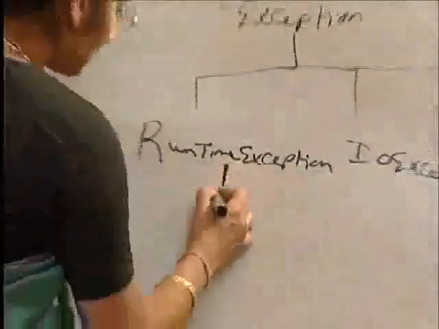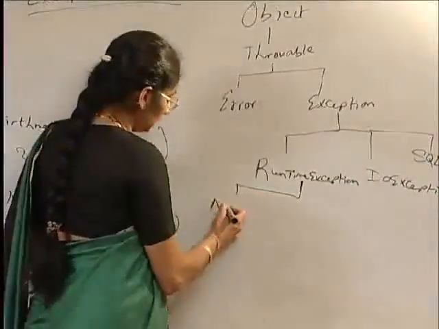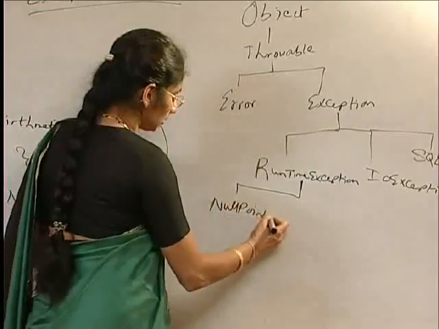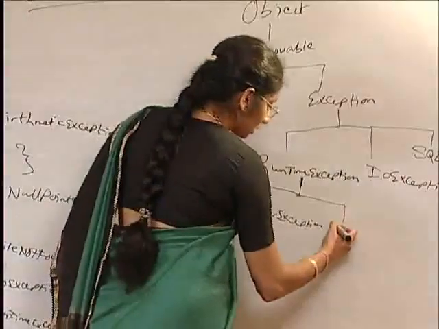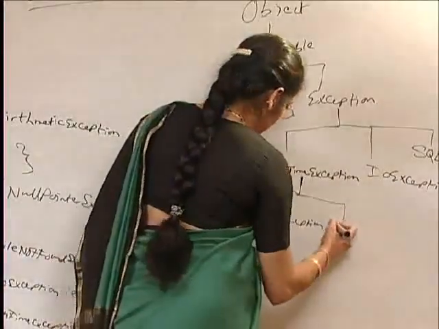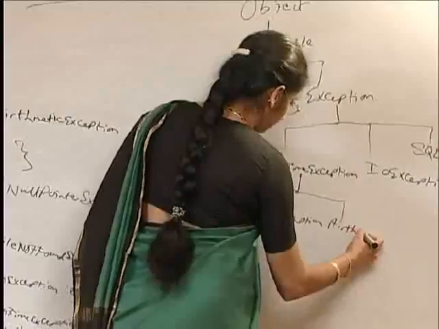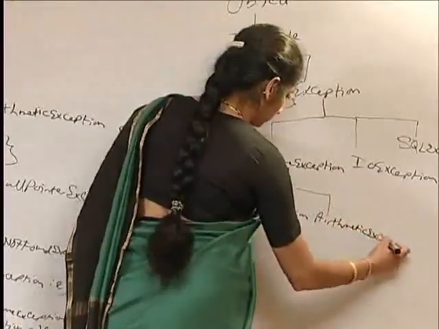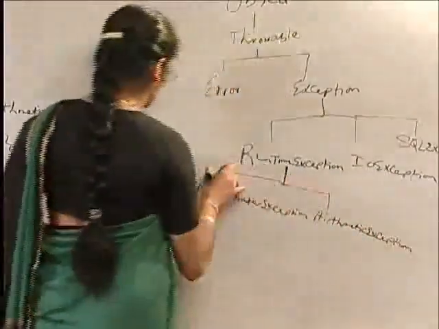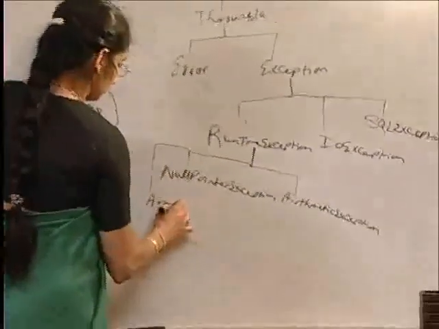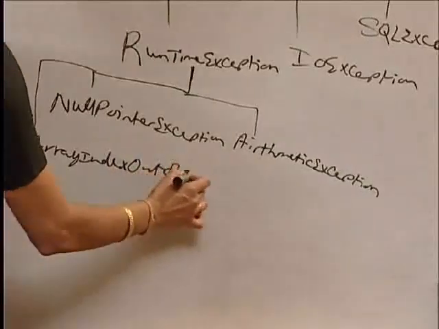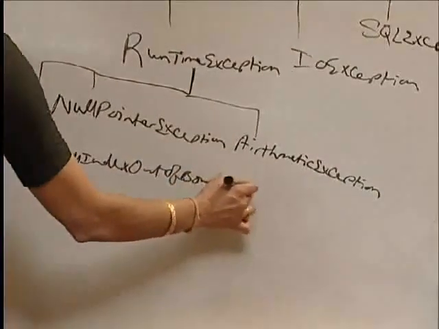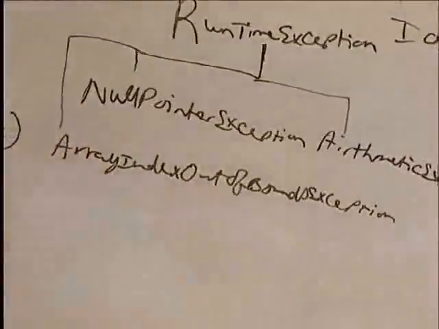Okay, from RuntimeException, some of the examples of runtime exception are null pointer exception, arithmetic exception, array index out of bounds exception, illegal access exception.